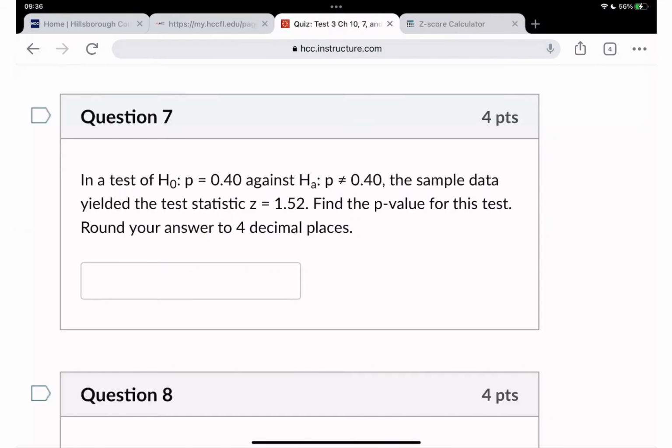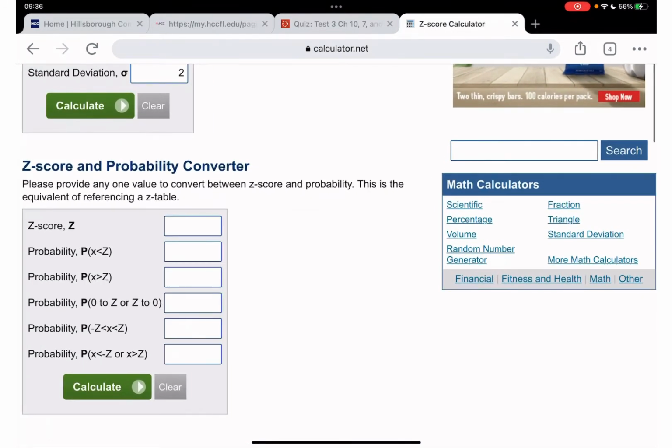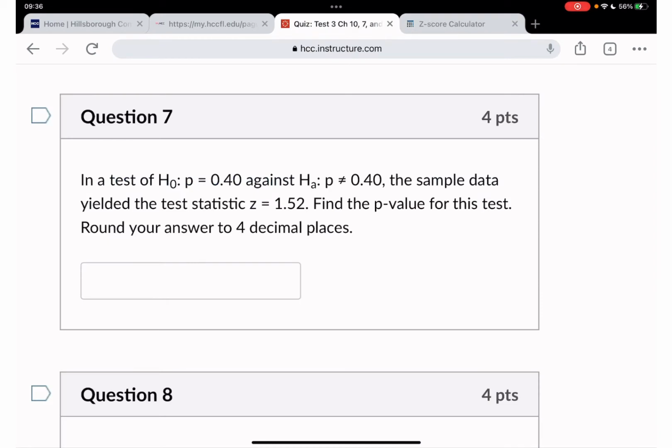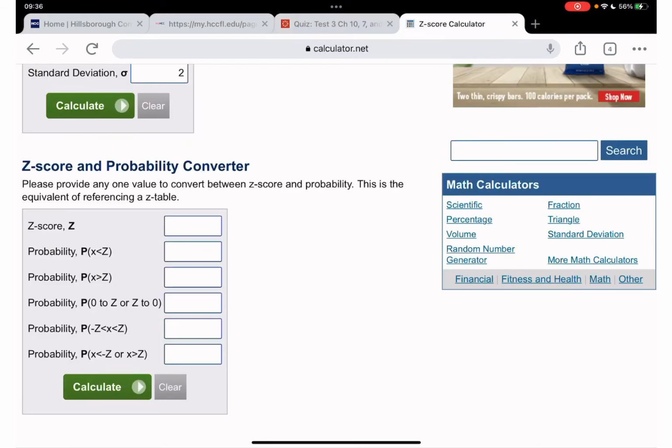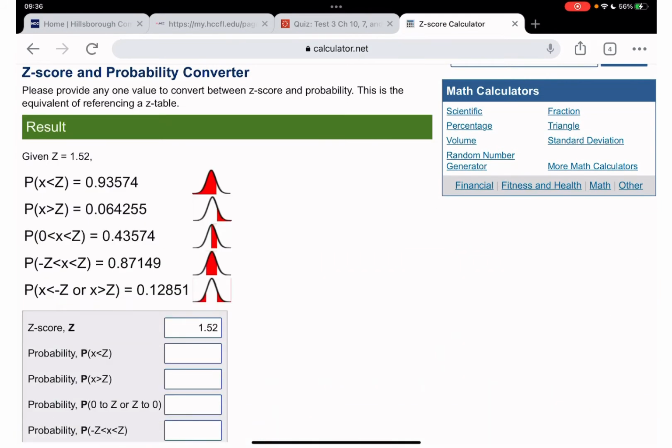Just work the same way with 2.04, to avoid re-recording everything again. All right. I'm going to use the same z-score calculator, calculator.net, that you have for your homework. To find the p-value, we need to put in the test statistic z-score equal 1.52. Here it is, 1.52. Go.